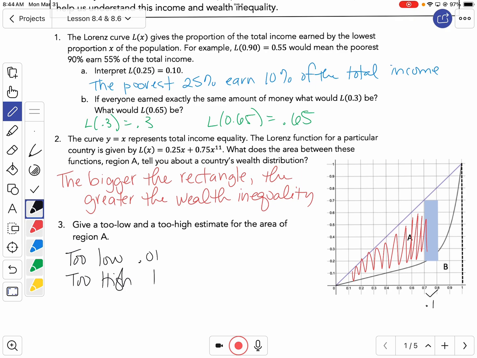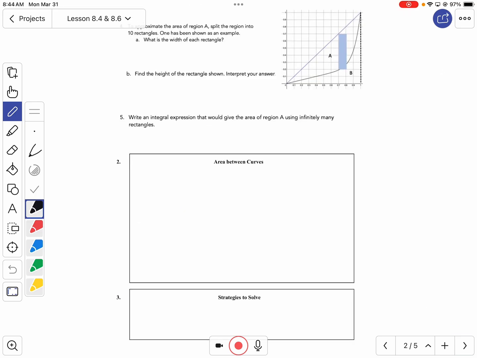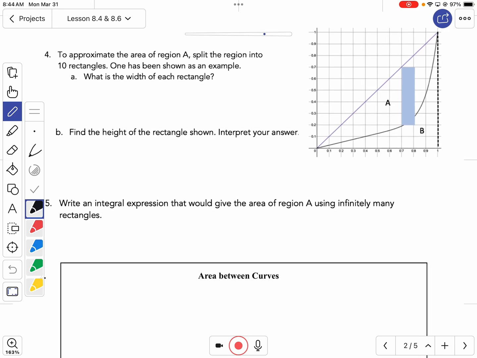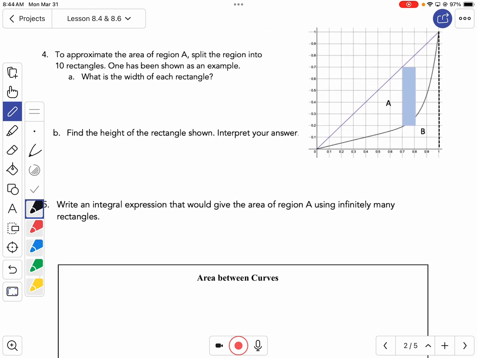Now, for number 4, and I actually repeated the graph over on the next page for you guys so you could have it. It says to approximate the area of region A, we're going to split that region into 10 rectangles. So A is referring to that entire region. It says one of the rectangles was shown in the example.